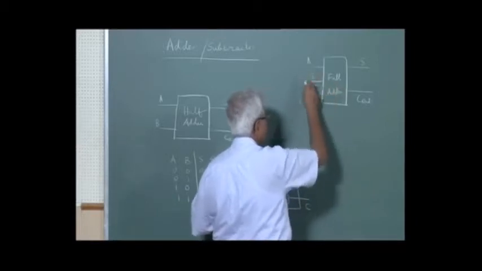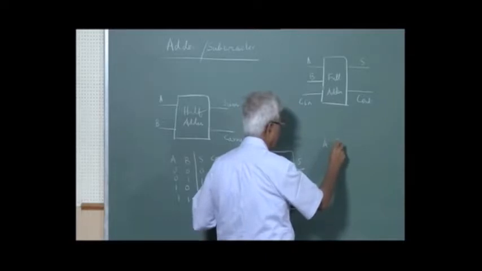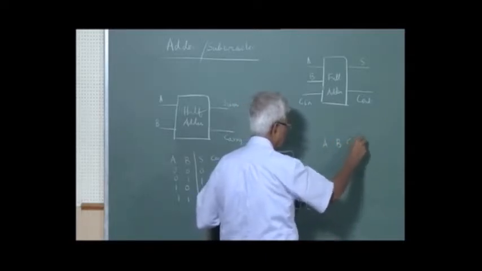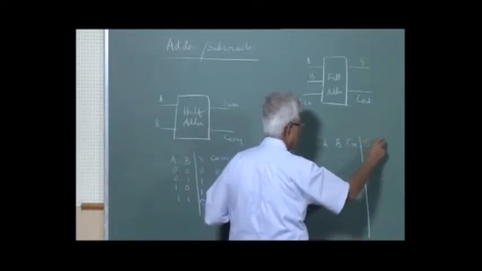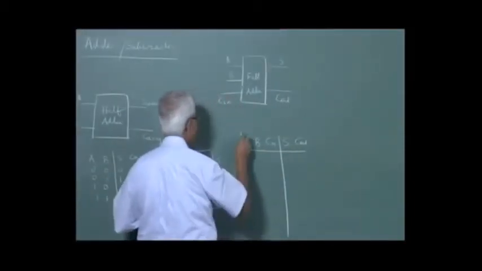In full adder, I have 3 inputs and 2 outputs, so my truth table will have 8 rows. This is my truth table.